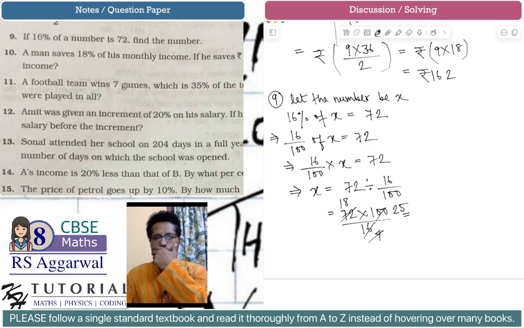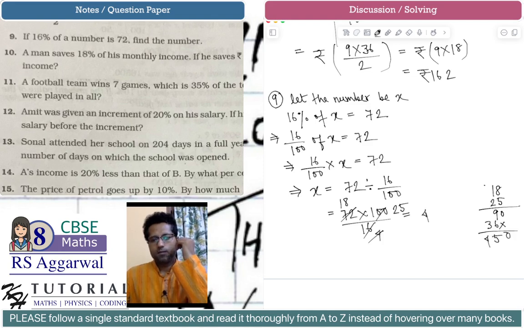So 18 into 25 is how much? 18 into 25 is 450. So x is 450. So the number is 450.